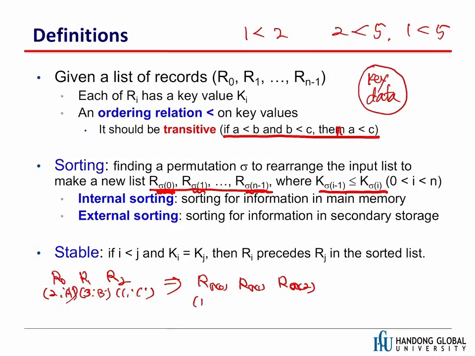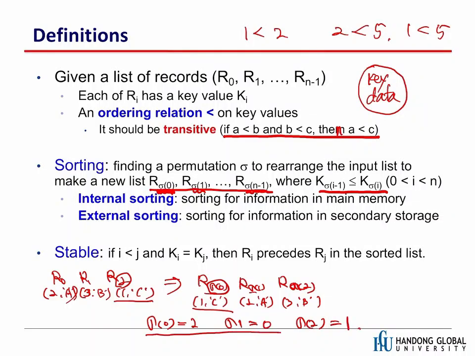The first one should be 1 and C, the second one should be 2 and A, and the third one is 3 and B. So in this case, sigma 0 is actually 2, sigma 1 is 0, and sigma 2 is 1. So we found this mapping function sigma, and now we have a new ordered list.